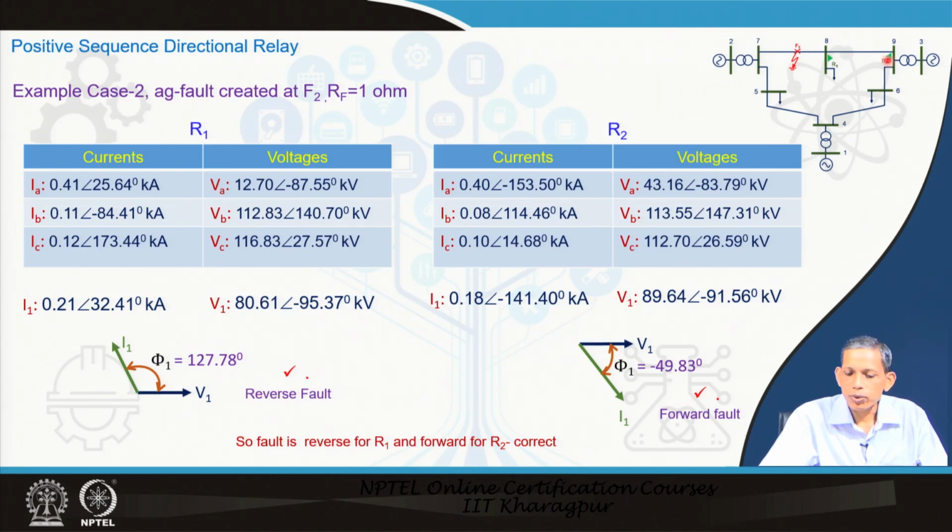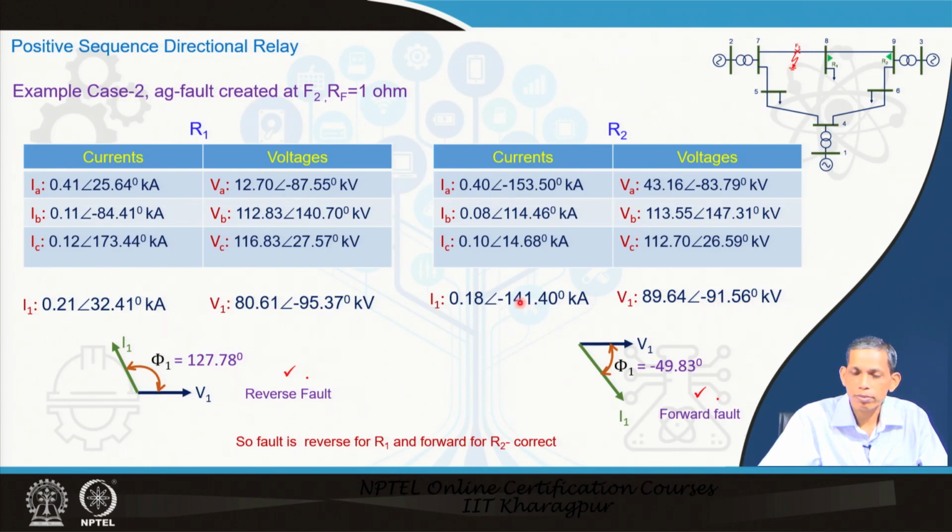Now, coming to the R2 relay, for the same case we have a set of currents and a set of voltages, and computed the I1. The I1 has an angle of minus 141.4 and the corresponding sequence voltage has an angle of minus 91.96.